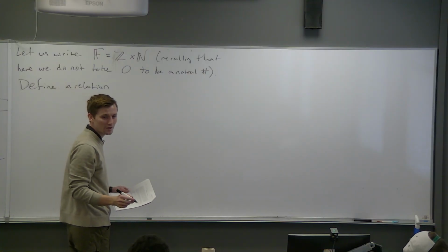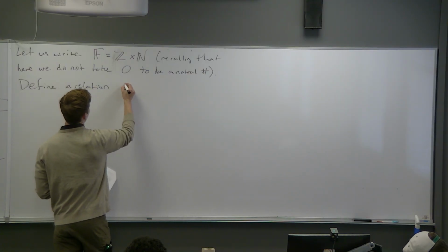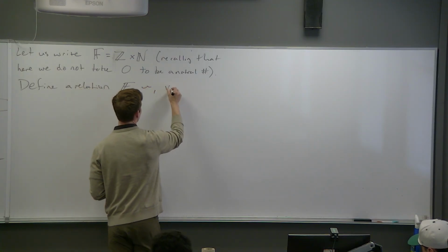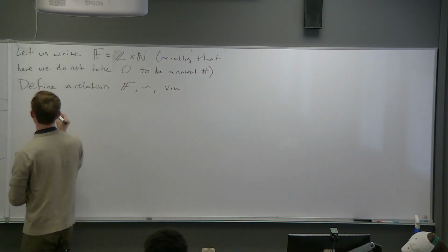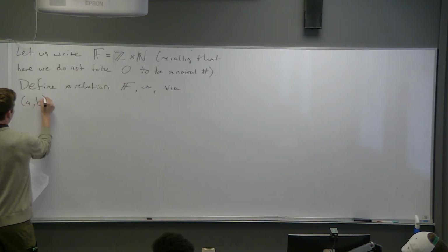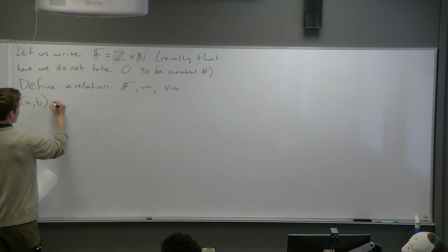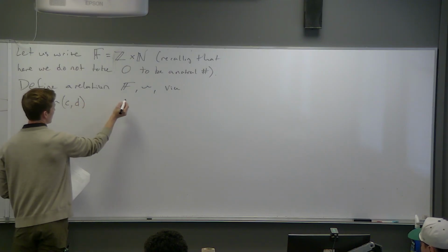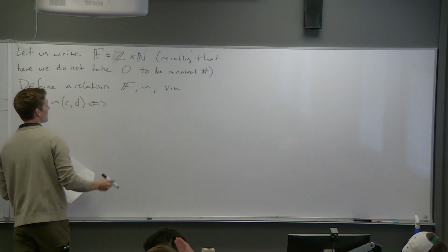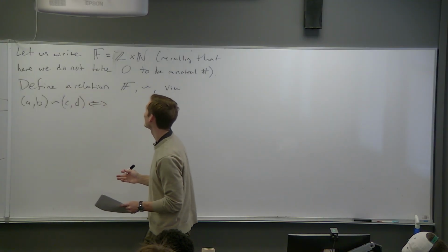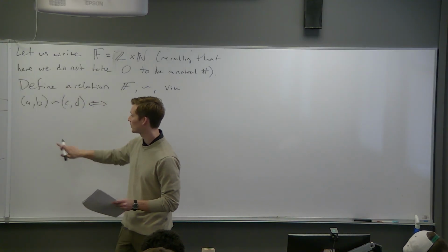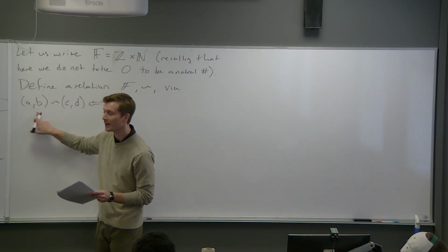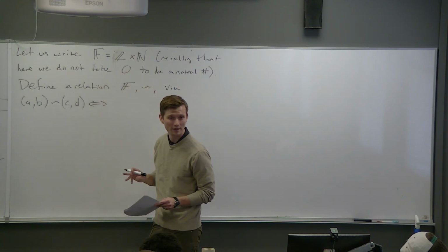Then here's what we're going to do. Define a relation on F, let's call it tilde, via (a,b) tilde (c,d) if and only if... Well, let's think of these like fractions, where the first thing is the numerator, the second thing is the denominator, since after all, we don't want zeros in the denominator.